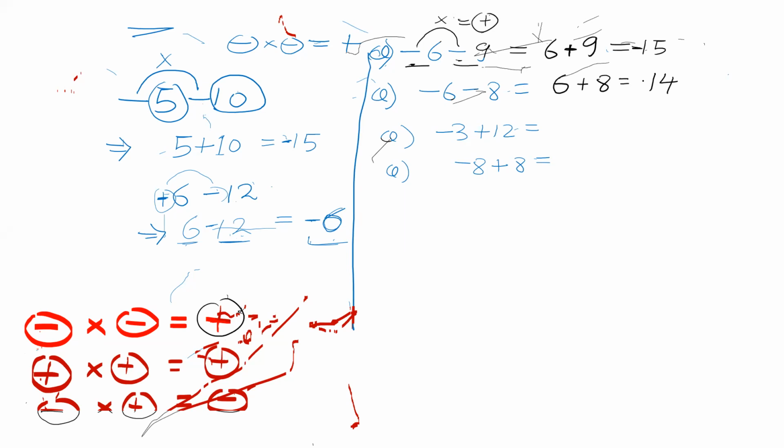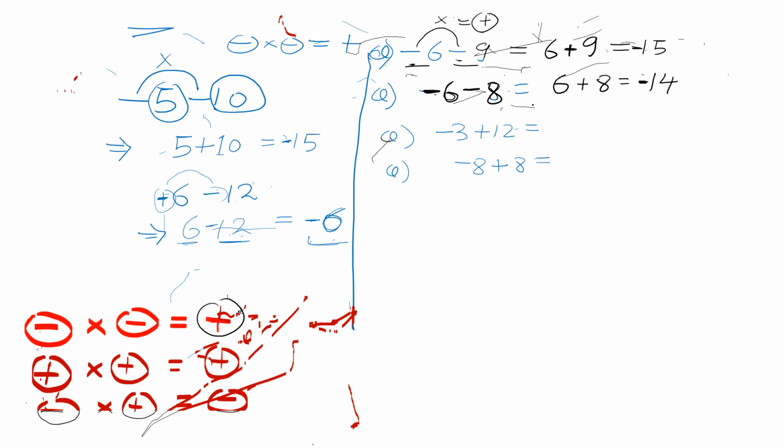Minus 14 or plus 14? Why minus? Because you see here, both the numbers have got a minus sign, minus 6 and minus 8. Just like we did in the first one, here also the sign has to be minus 14.